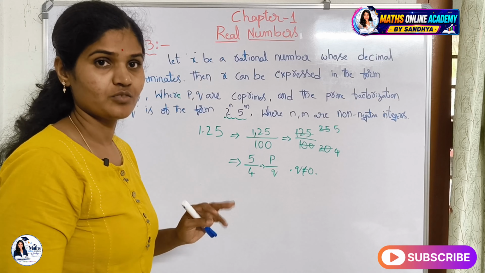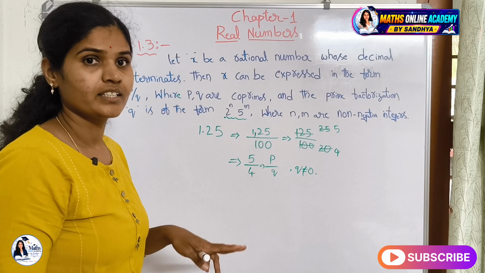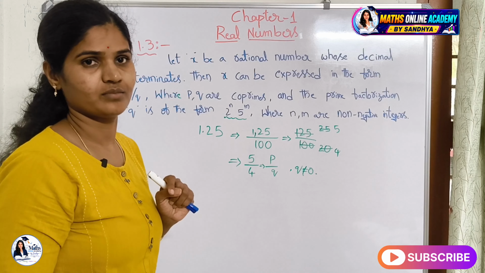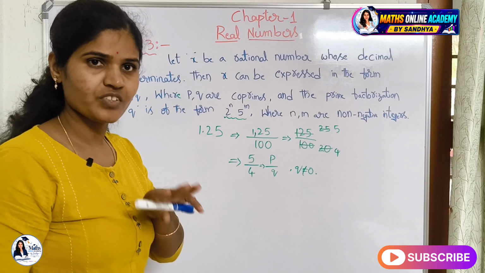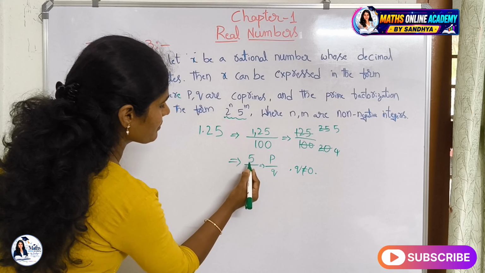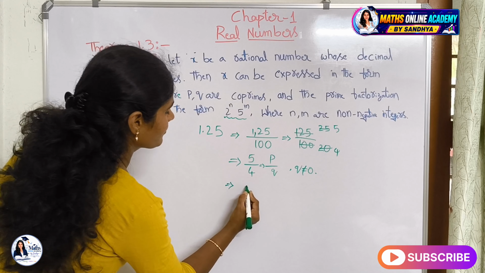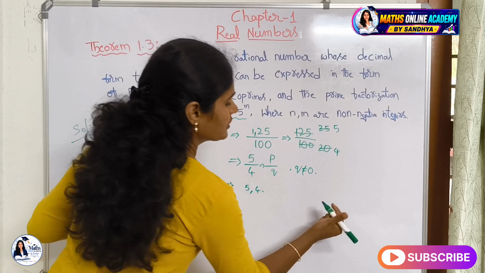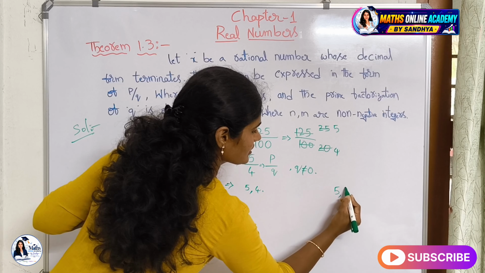Already before we discussed what are co-primes. The numbers which have HCF 1, that means those two are co-primes. So here p comma q are 5 comma 4.